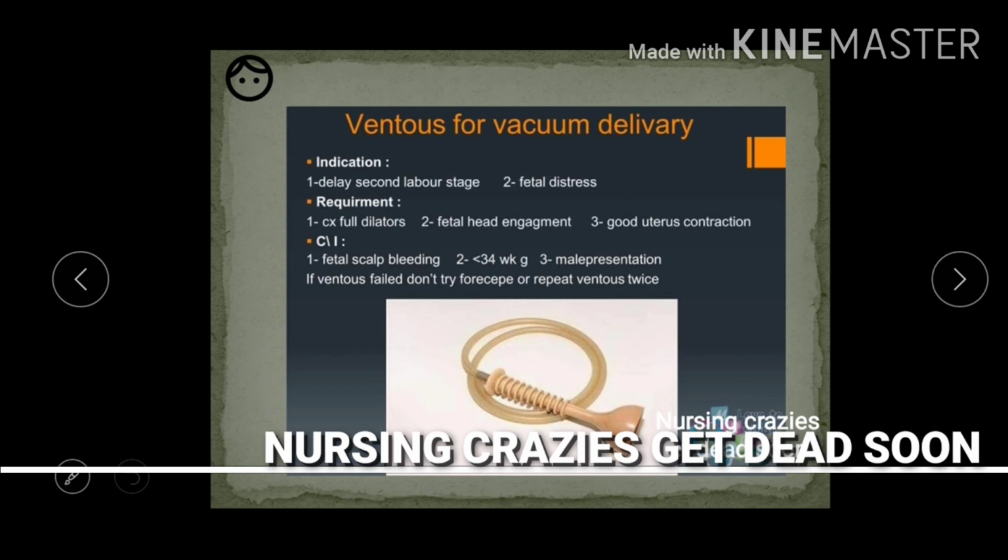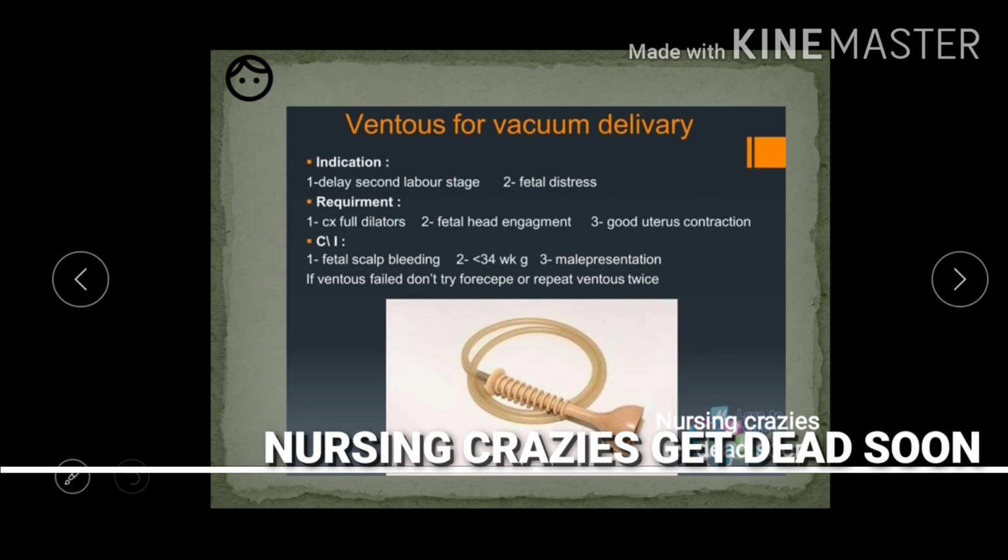Then third, what are the contraindications of this instrument, the conditions in which we cannot use it? First one is fetal scalp bleeding. If the baby has scalp bleeding, in that condition we do not use this instrument. If the gestational age of the baby is less than 34 weeks, also we do not use this instrument.